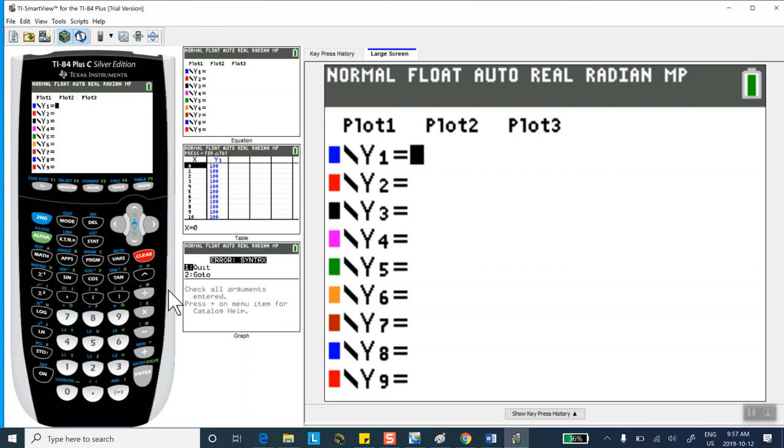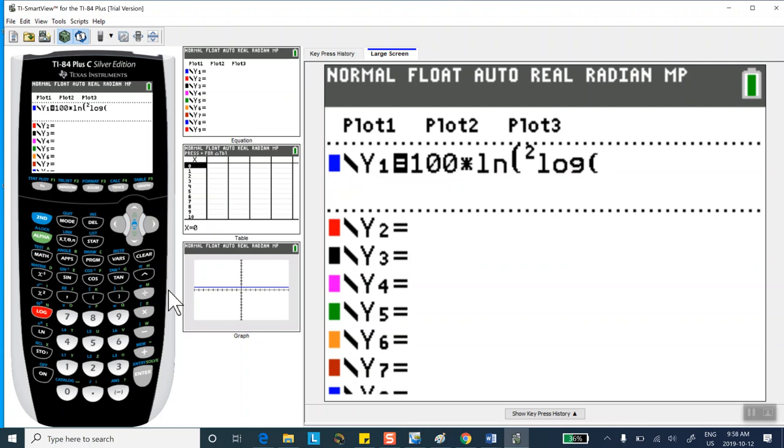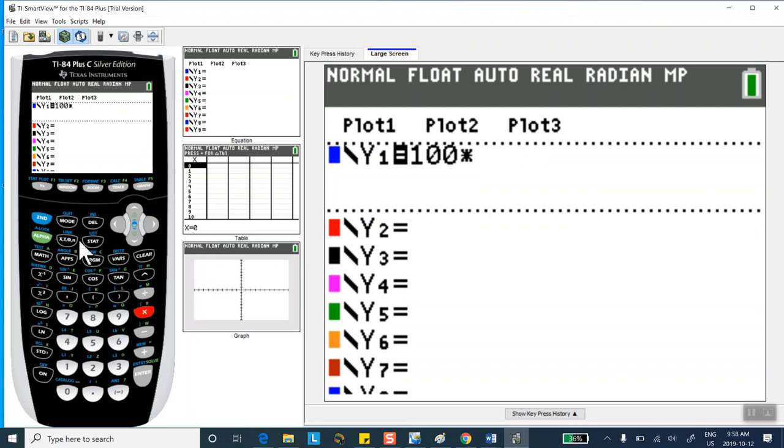Oops. I don't know how the backspace is on this. I'm really sorry. 100 times sine of x, close it, plus 100 times sine of x.